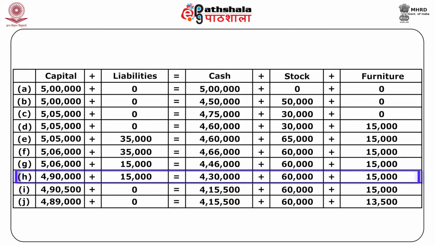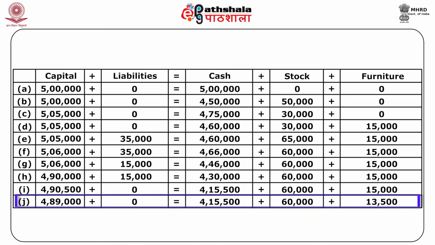H part of capital 4 lakh 90,000 plus 15,000 of liability will give you cash of 4 lakh 30,000 plus 60,000 of stock plus 15,000 of furniture. Then the I part will give you 4 lakh 90,500 of capital plus 0 liability which will give you cash of 4 lakh 15,500 plus stock 60,000 plus furniture 15,000.